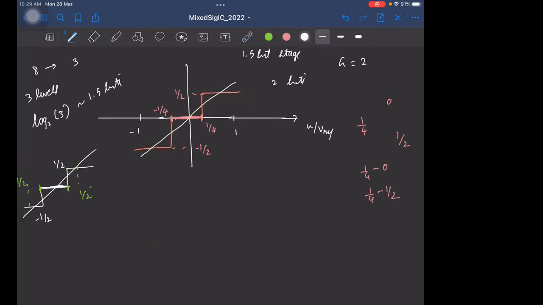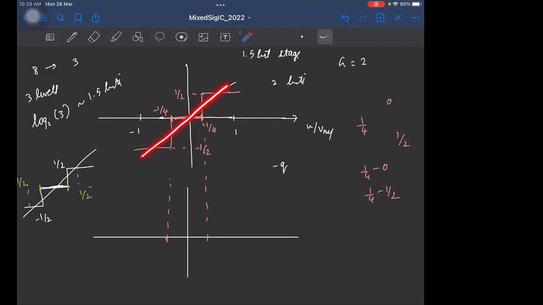Okay, so for this, let's try to sketch the quantization noise. So let's say this is 1/4. This is minus 1/4. Okay. So if I plot the quantization error or the negative of the quantization error, where I take the difference between this straight line and this step curve, what do I get?